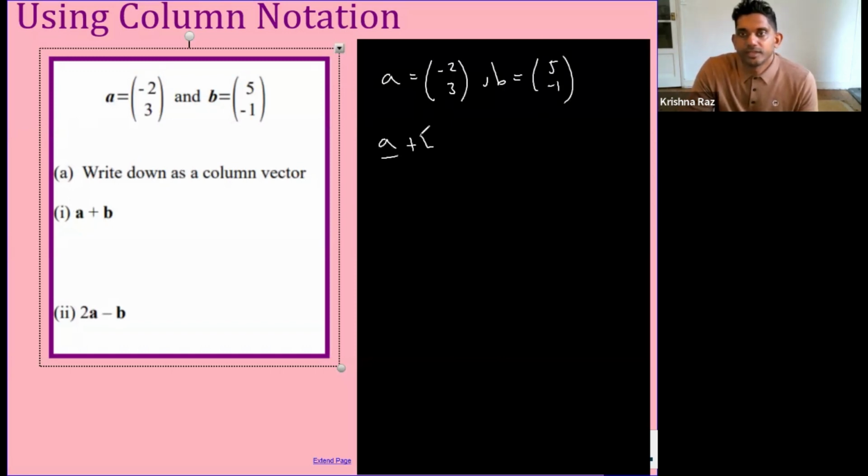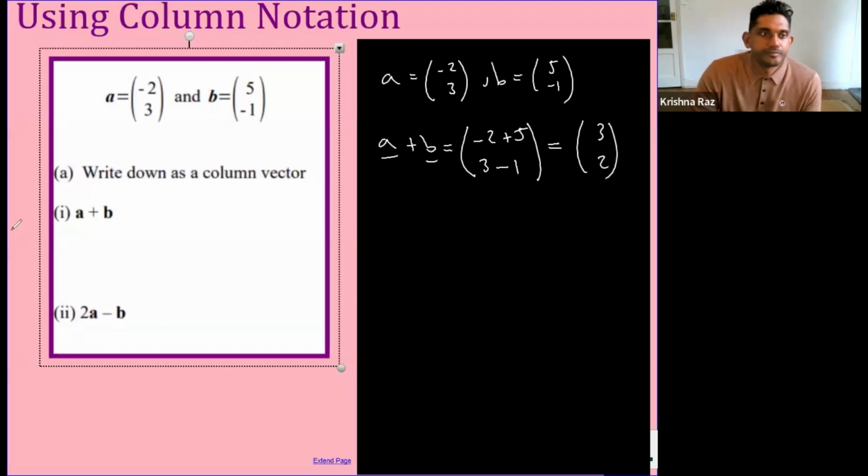So the vector a plus b equals -2 plus 5 and 3 plus -1, which is (3, 2).